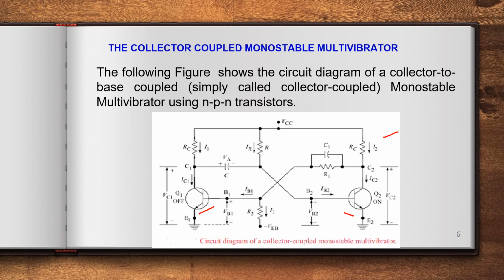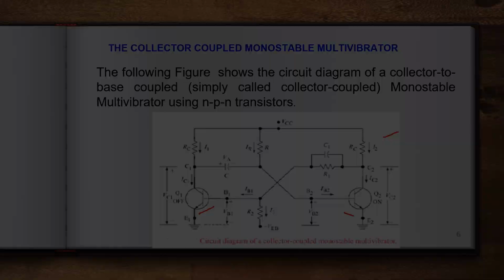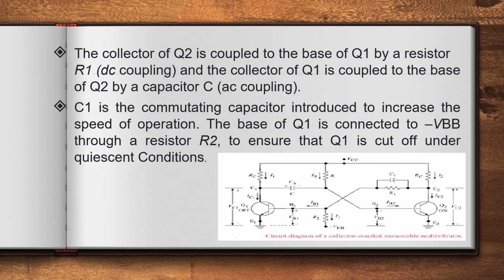The collector of Q2 is coupled to the base of Q1 by a resistor R1, and the collector of Q1 is coupled to the base of transistor Q2 by a coupling element, capacitor C.